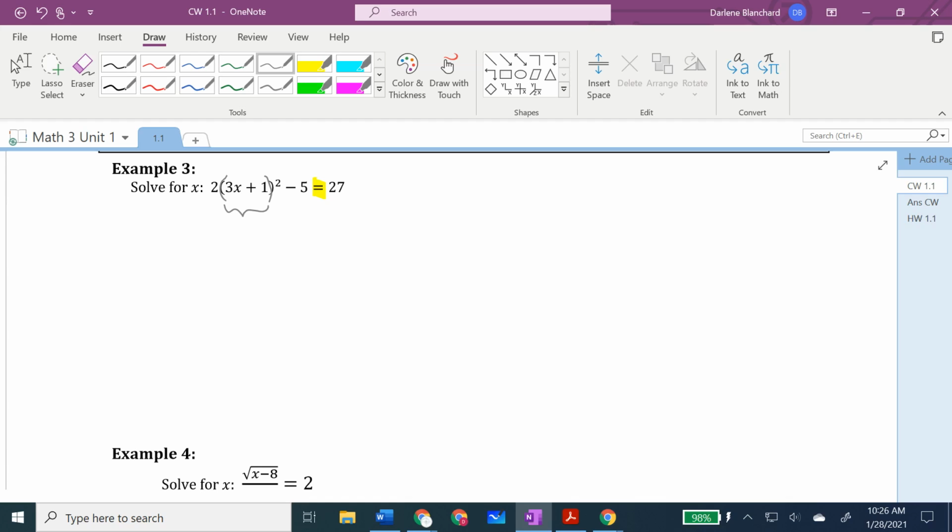With that aside, you have an exponent, multiplication, and subtraction. The weakest of those three is subtraction. So you are first undoing the subtraction by adding the 5.